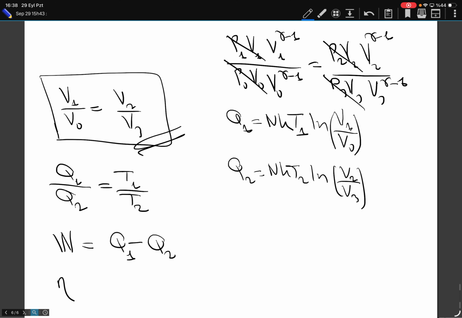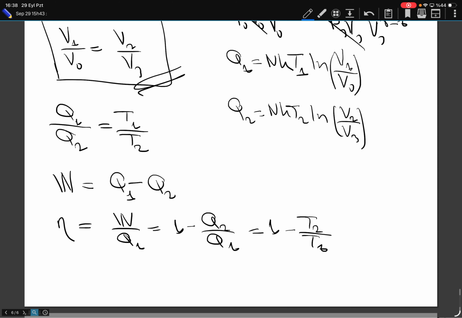So the efficiency in this case will be W over Q1, or 1 minus Q2 over Q1, or 1 minus T2 over T1. Remember, T2 is the cold temperature, T1 is the hot temperature. So the maximum efficiency depends on the ratio of the temperatures, and it is less than 1.